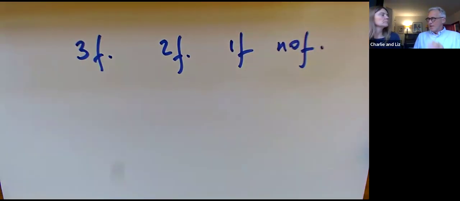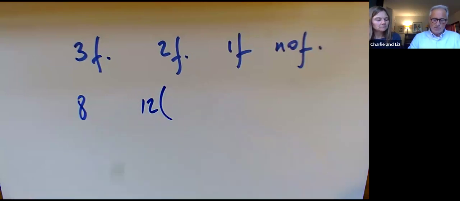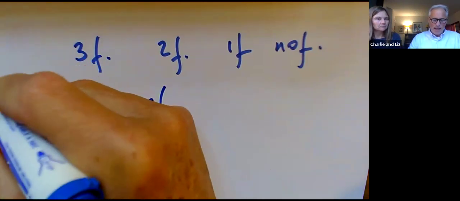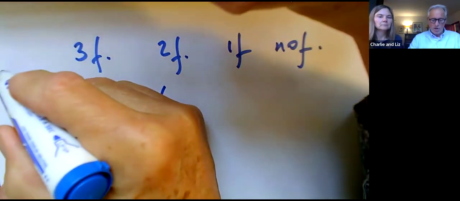The 8 cubes in the corners will have 3 faces painted. Then the cubes along the edges, but not in the corners, will have 2 faces painted. There are 12 edges altogether in a cube, so it'll be 12 lots of, and we started with an n by n by n cube.